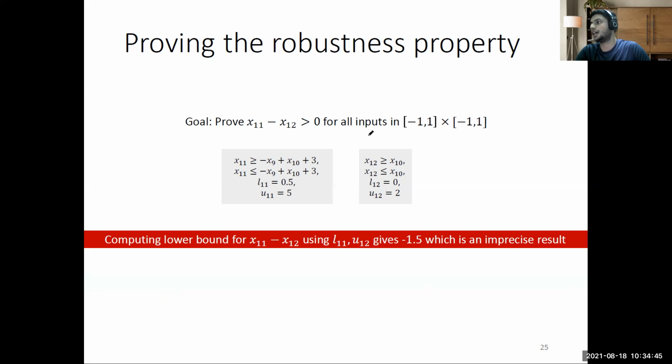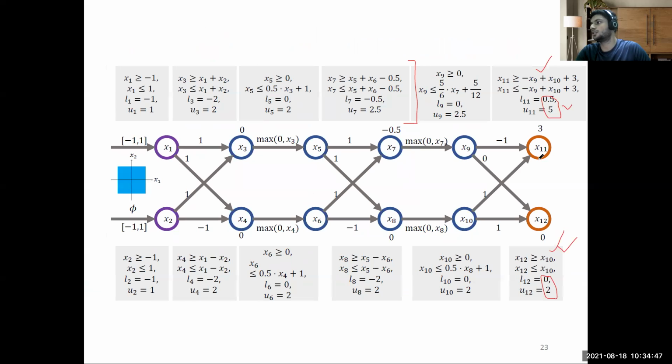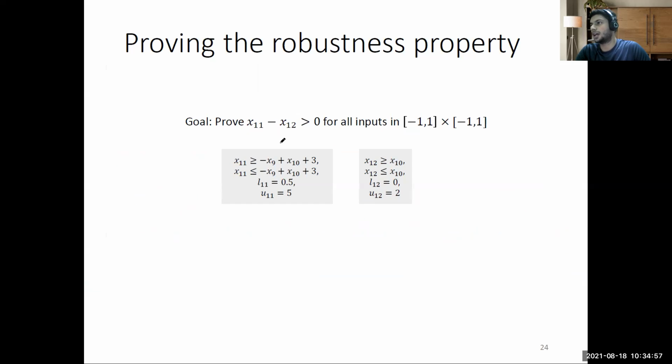When we say that we want our model to always classify to x11, this means that my x11 should always be greater than x12. So my lower bound of x11 should be greater than the upper bound of x12. This is what we want to achieve, and this should happen for all inputs in this range, because this was our precondition and this was our postcondition.